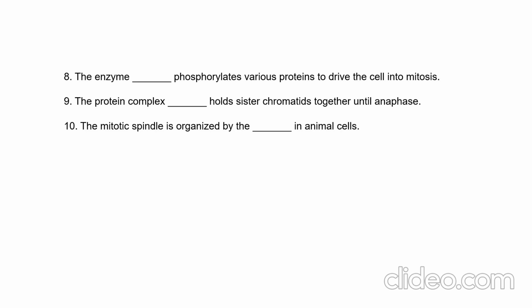Okay, next question. The mitotic spindle is organized by the dash in animal cells. Nuclear organizing complex. You're close to the right answer, but the name is a little bit wrong. Think really hard about what the name was. Centrosome. Yes, good.